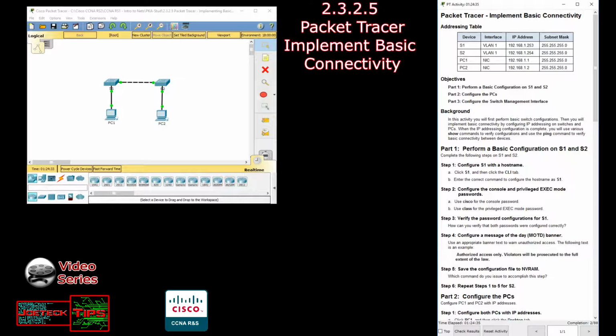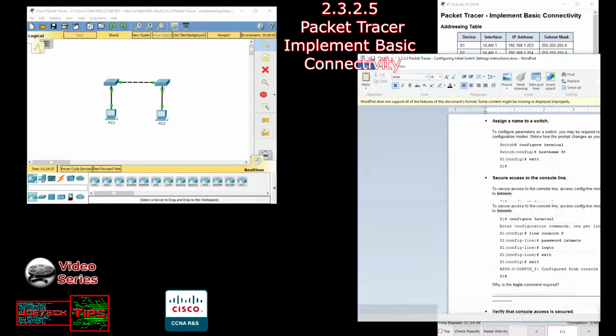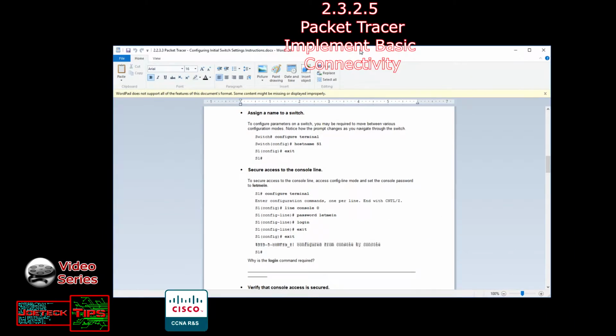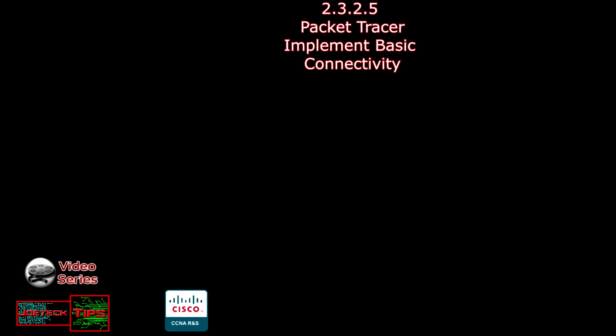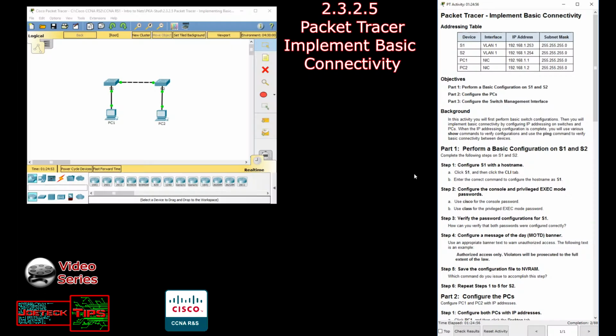However, I do have 2.2.3.3 available, so we can actually go back to it if we need be. So, now the objectives: perform a basic configuration on S1 and S2, configure the PCs, configure the switch management interface.